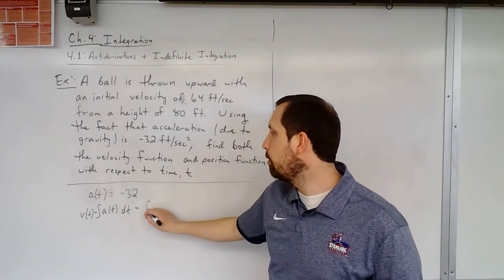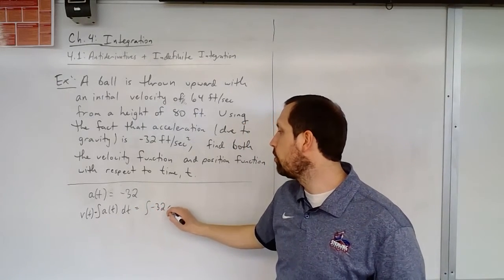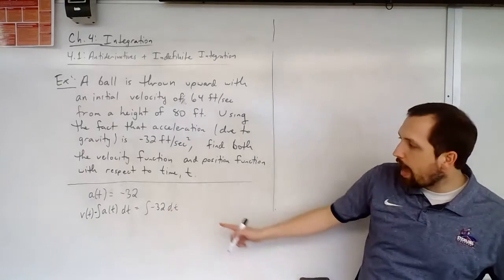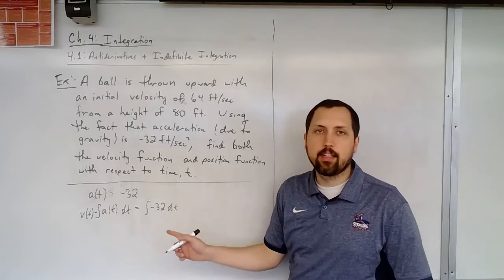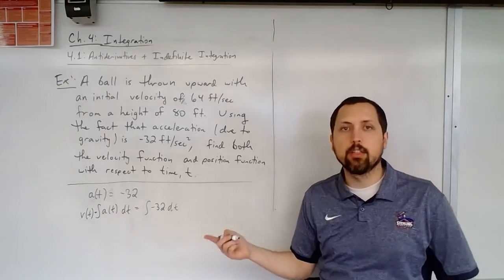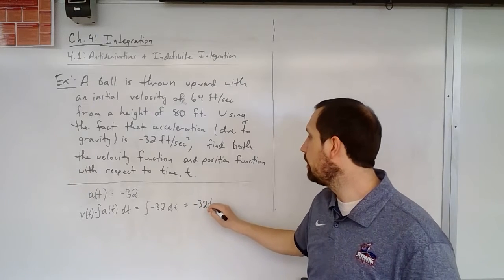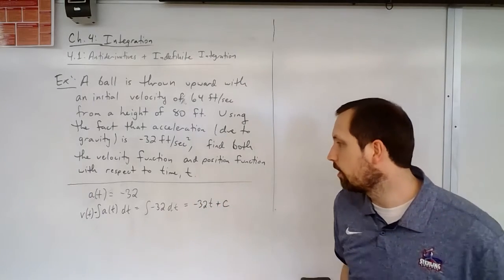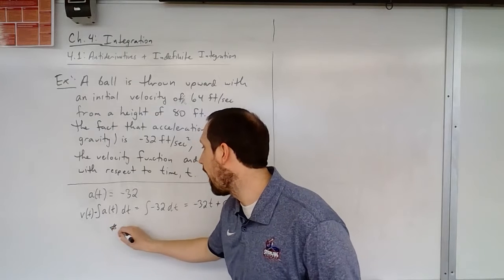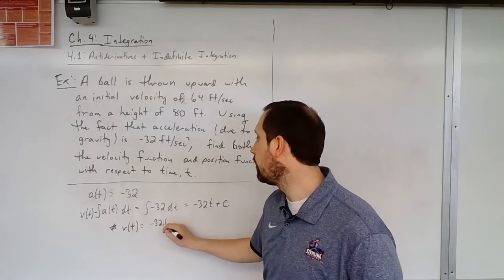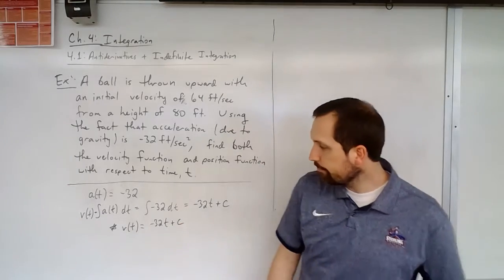So my velocity is going to be the integral of negative 32 dt. If I take the integral of a constant, I just get a constant times the variable plus c. So this becomes negative 32t plus a constant. So my velocity function, v of t, is equal to negative 32t plus c.